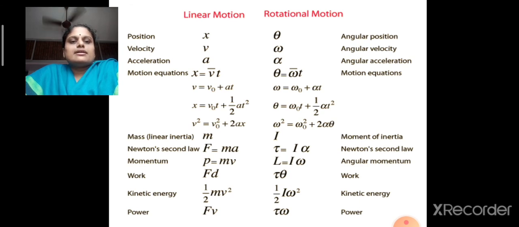Work is force into distance, while in rotational motion it is torque into angular displacement. Kinetic energy is half mv square. In rotational motion it is half I omega square. Power in linear motion is force into velocity, while in rotational motion it is torque into angular velocity.